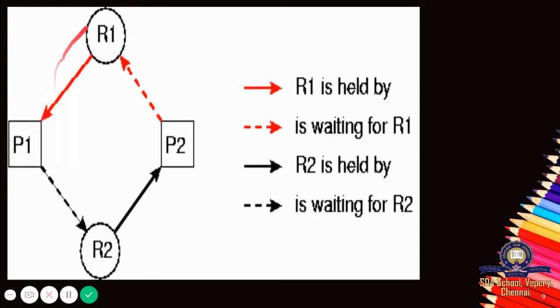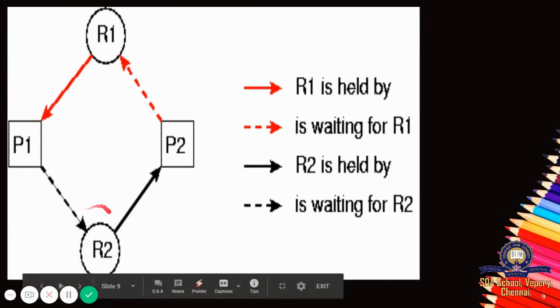When P1 is holding the resource R1, look at this graph carefully. Resource 1 belongs to P1. It is holding it. And while P1 is holding R1, it needs the resource R2.